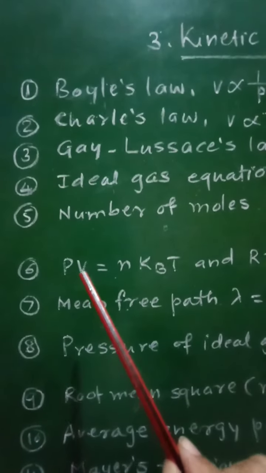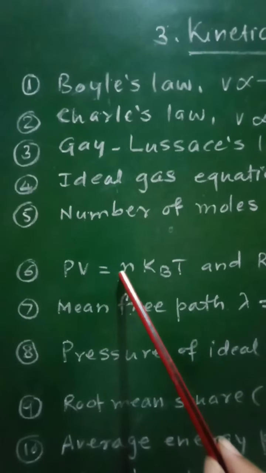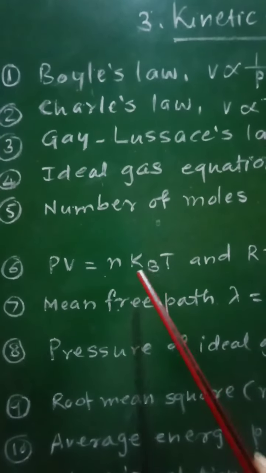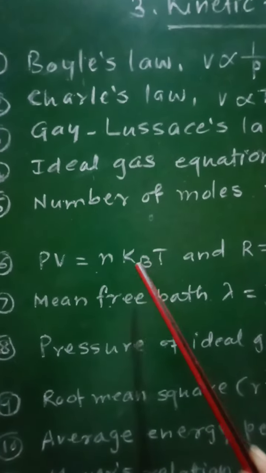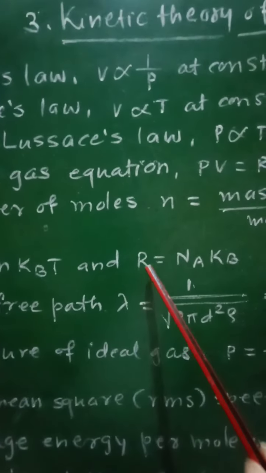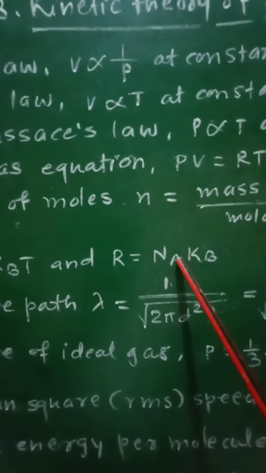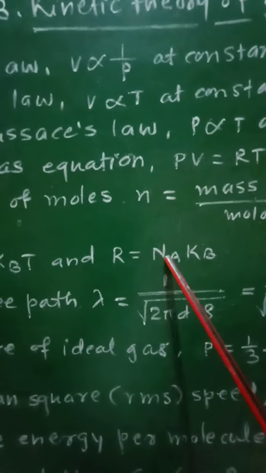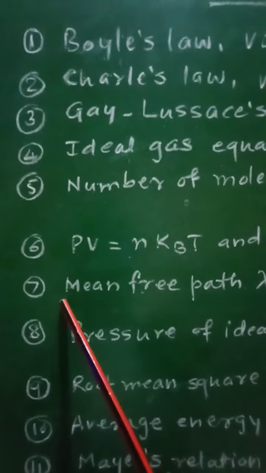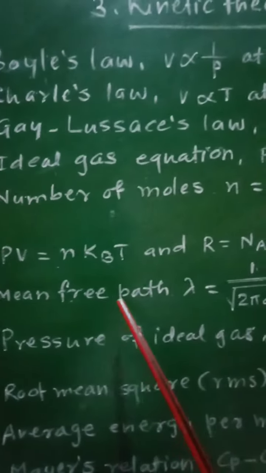Sixth formula is again for PV, PV equal to N kBT in terms of Boltzmann constant kB, that is R is equal to Na into kB.